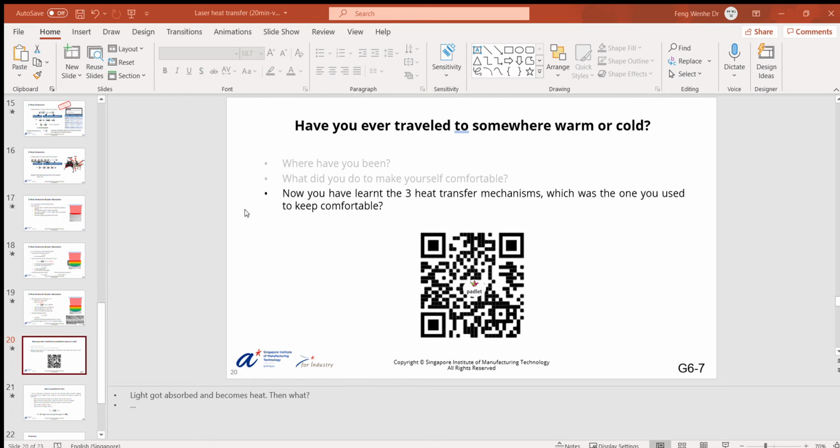And then for those who are staying in Singapore, I see Kenshawn goes to shopping malls. So could you explain which mechanism did you employ? The shopping mall is, sorry again, conduction? Yeah.